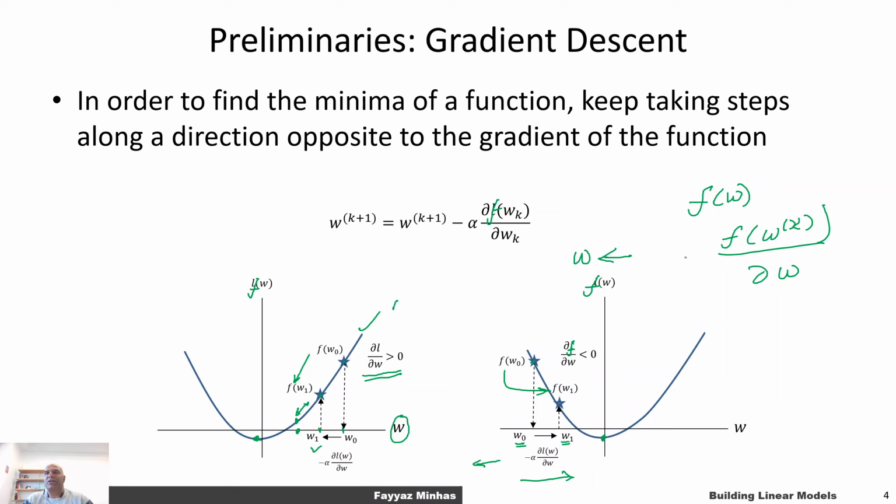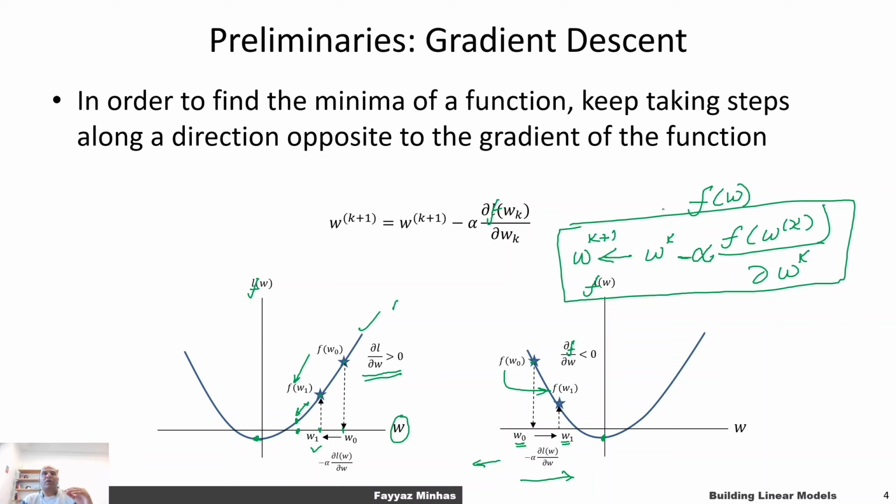To take a step in the opposite direction, we multiply this gradient by a minus sign, and then multiply it with a step size parameter, which we are going to call alpha, and add this to wk to get the next step. If we keep on following this rule, eventually we are going to end up at the minimum position of this function. So this is the concept of gradient descent.